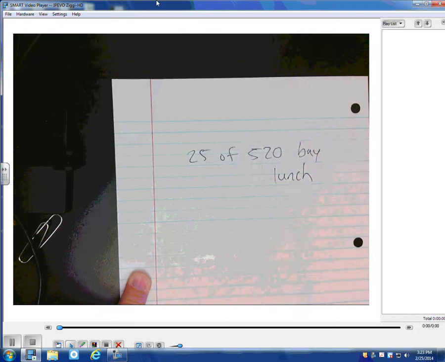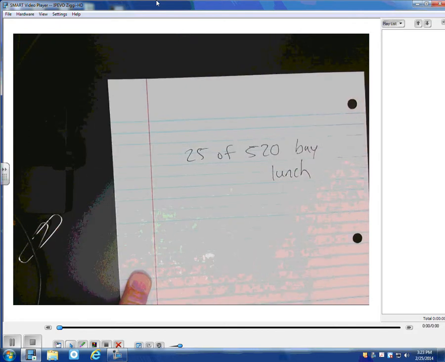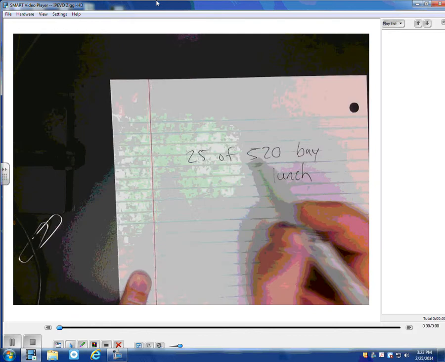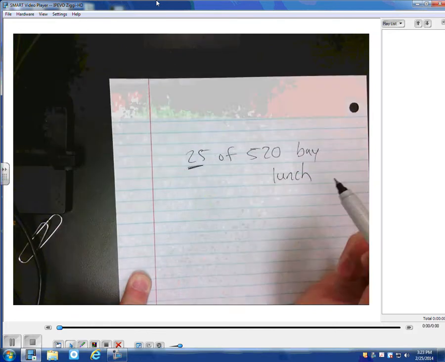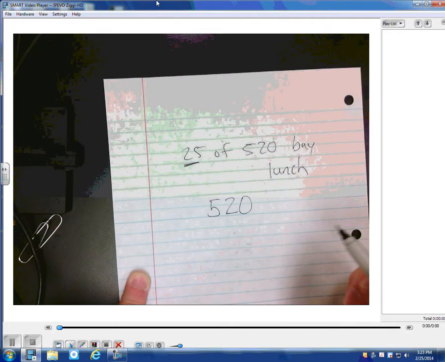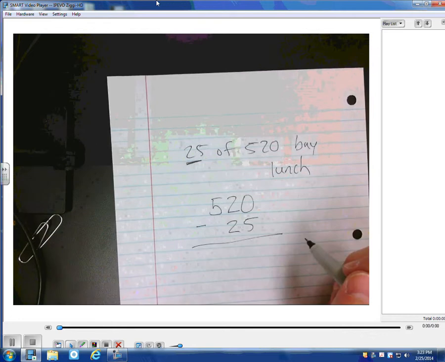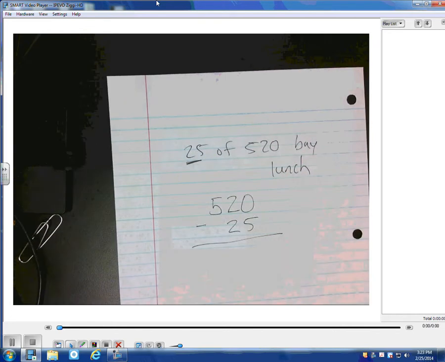Okay, so they want to know how many more students bring their own lunch than buy. So this many buy, so the rest of them bring their lunch. So I would take 520 and I would minus 25. And that would give me my answer to that problem there. Okay, so that's 1 through 10, minus 5 and 6, which you are not required to do.